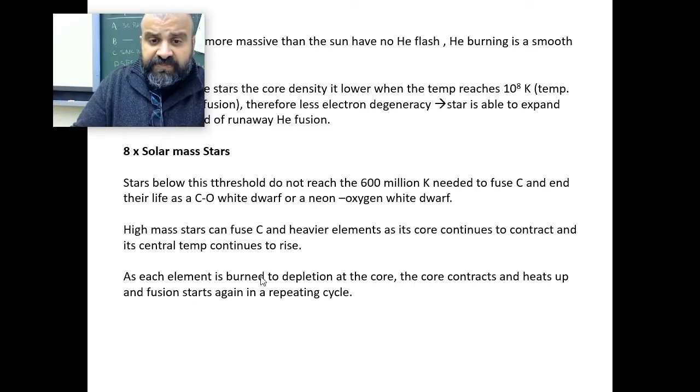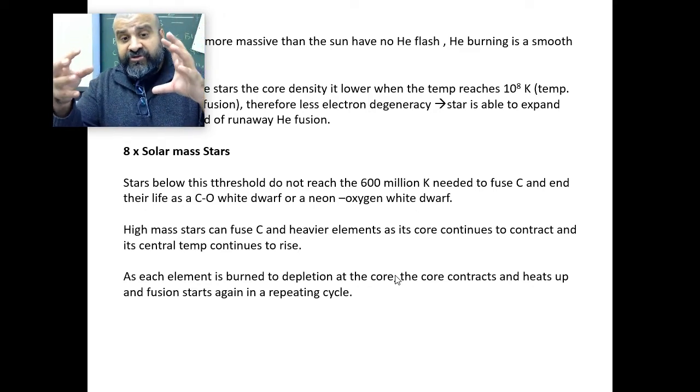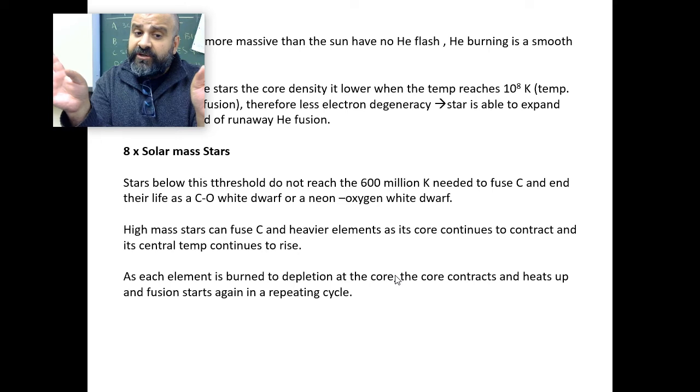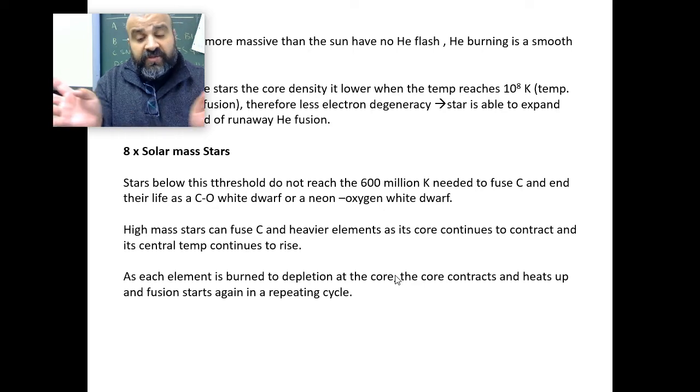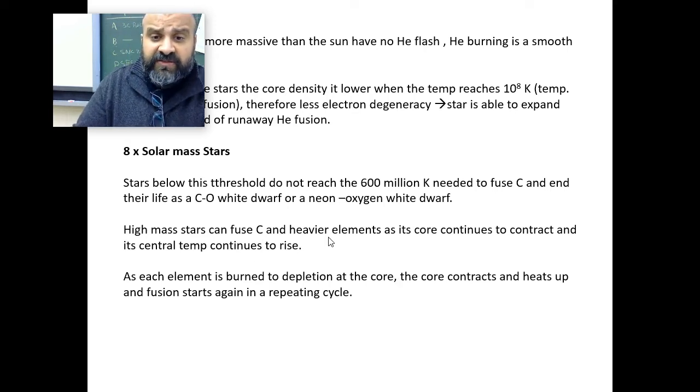As each element is burned to depletion, the core contracts and heats up, right? So as fusion stops, there's no outward pressure. The core collapses with gravity, gets hotter and hotter. Fusion starts again. You then have a balance between the outward and inward pressures, right? And you start fusing heavier elements at the core.